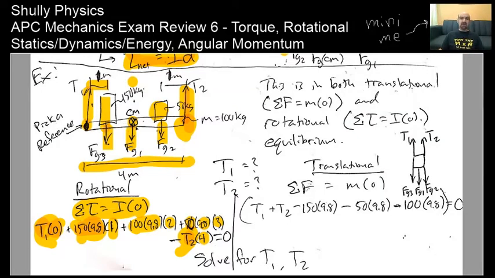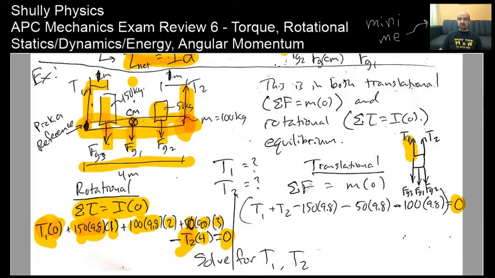But the other thing is, this is a static scenario, not only in the rotational dimension, but also in the translational view as well. So you can also apply Newton's second law for translation. You see these 2 tensions are supporting all of the weight that's on this board. So it's also in translational equilibrium. The rotational acceleration is 0, and also the translational acceleration is 0.